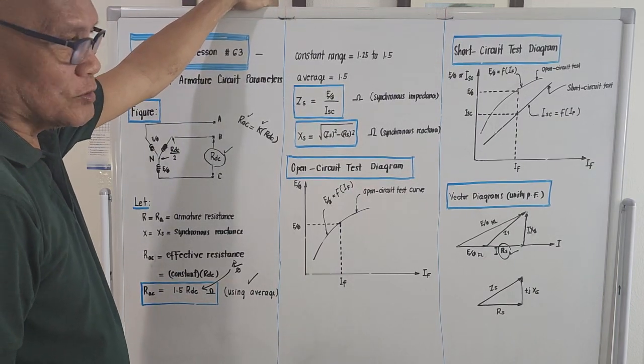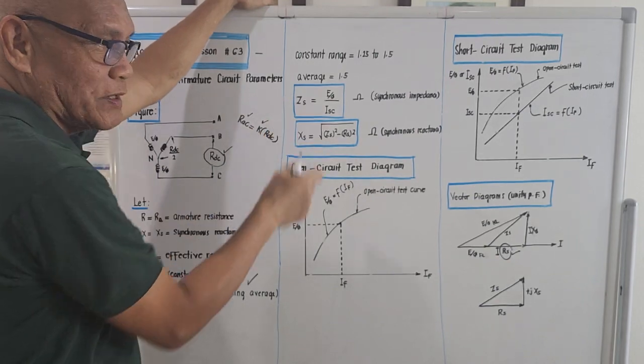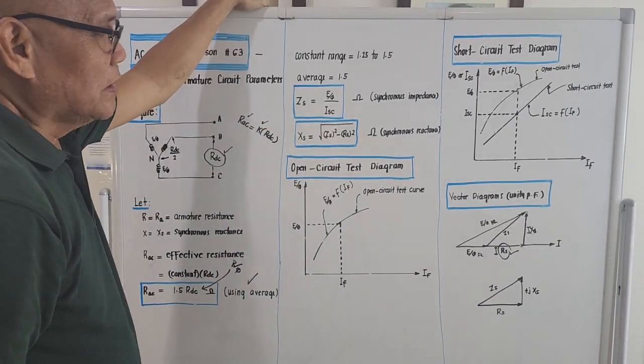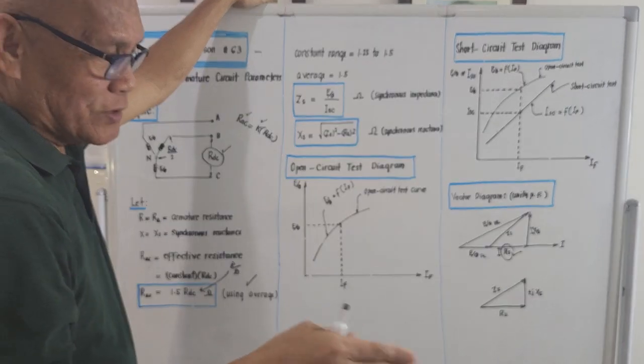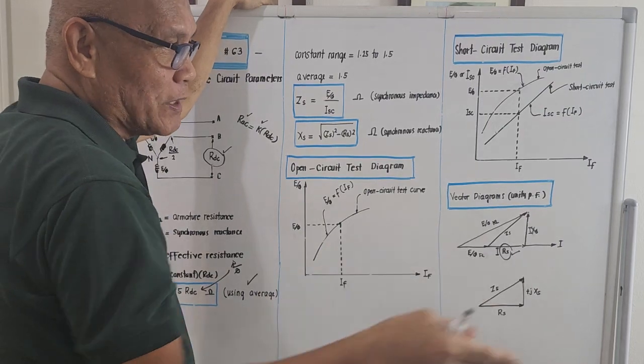We'll compute the so-called Z, capital letter Z with the subscript S, meaning synchronous impedance. If you try to Google the meaning of synchronous impedance, it's a complicated thing.